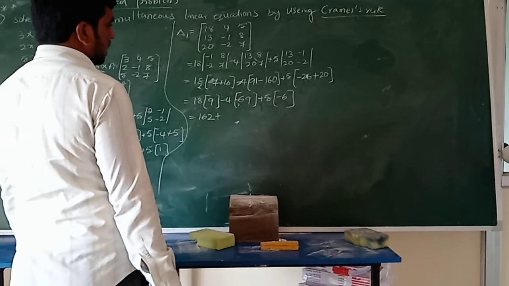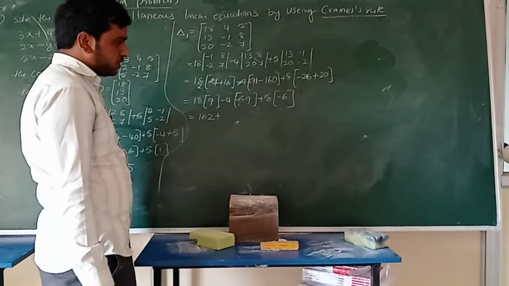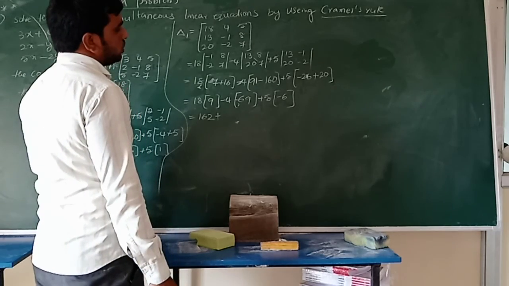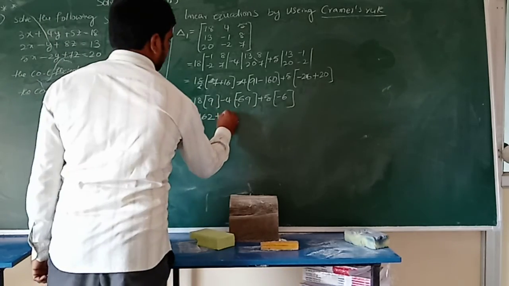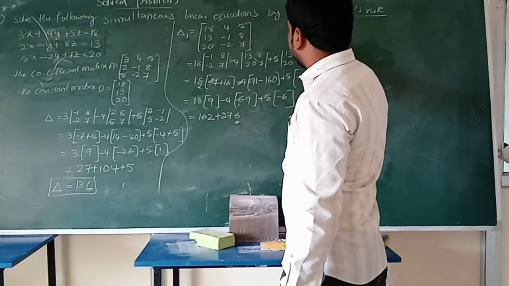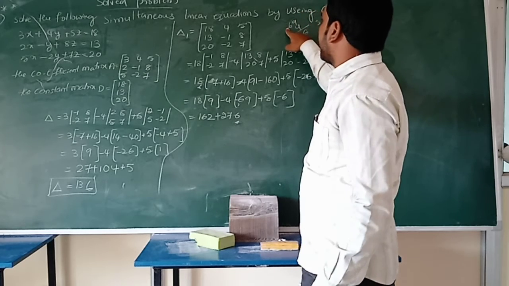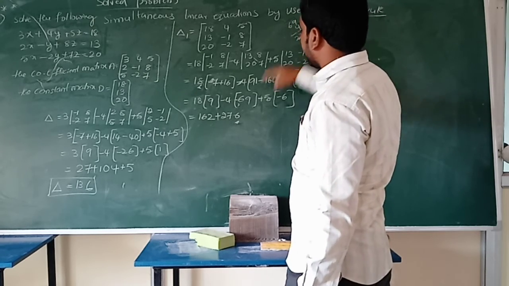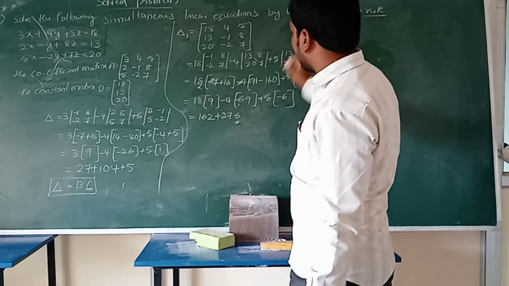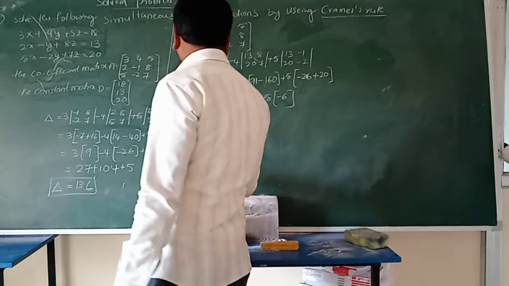Now 7 4s are 28, 280 minus 4, 276. Okay students, check it. 69 4s are 4 9s are 36, 4 6s are 24 plus 3, 27. Okay, 276. Now minus into minus plus. This is minus 30, 5 6s are 30.